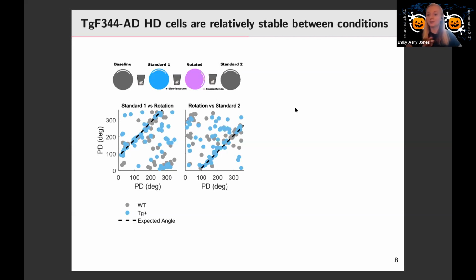Well, from the cell recordings and other animal models of AD, there is evidence that grid representations tend to become unstable under amyloid pathology.